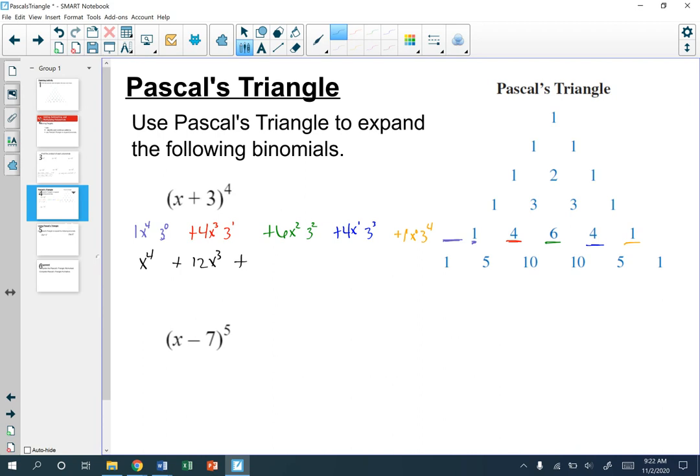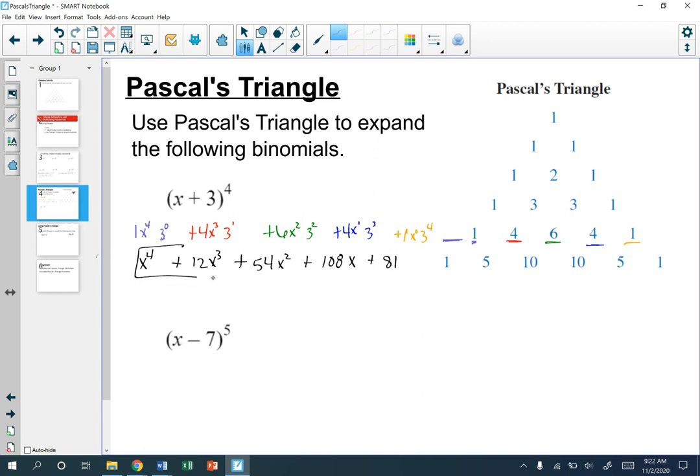And 9 times 6 is 54 x squared. 3 to the third is 27. Times 4 is going to give me 108. And then x. 3 to the fourth is simply 81, and x to the 0 is 1.